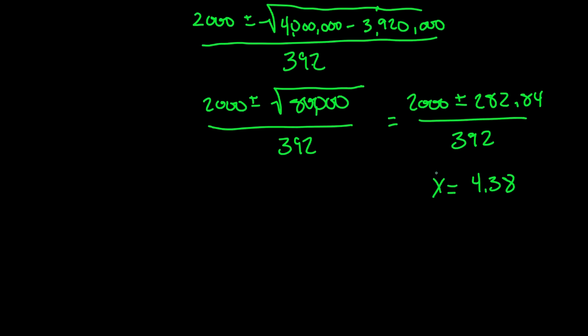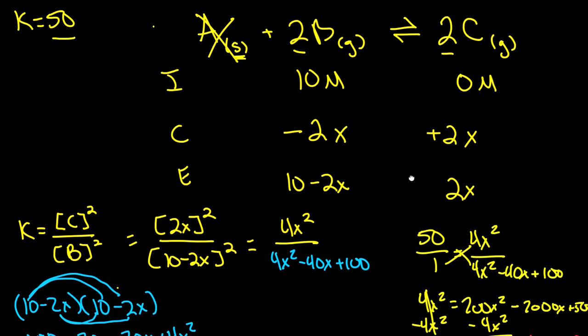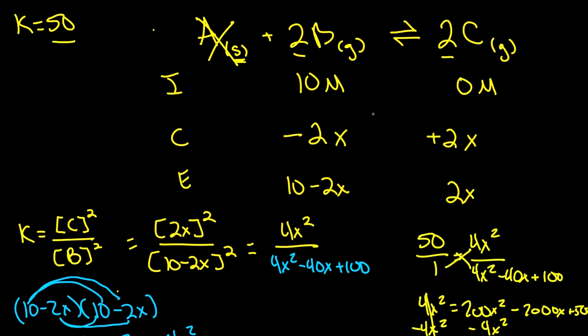So now that we got x, we go back to the beginning. So I take my 4.38 and I want to go back to the equation at equilibrium. I want to go back to this E row. I got 10 minus 2x and 2x. We just found x to be 4.38. So now we can do that math. I got 10 minus 2 times 4.38.